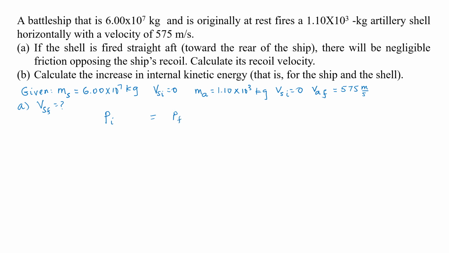Initial momentum is mass of the ship multiplied by the velocity of the ship initially plus mass of the artillery shell times the velocity of the artillery shell initial, which must be equal to mass of the ship, velocity of the ship final, plus mass of the artillery shell multiplied by its final velocity.